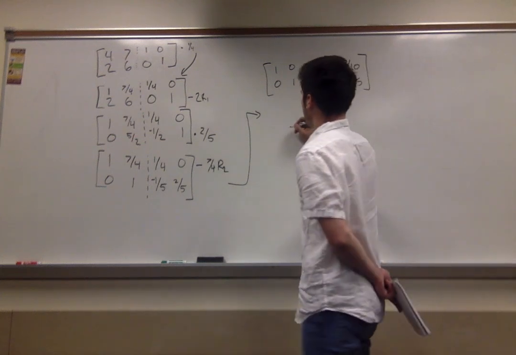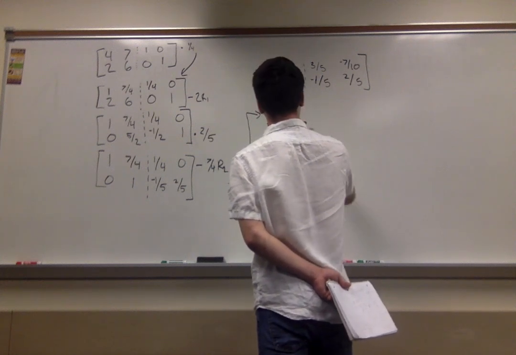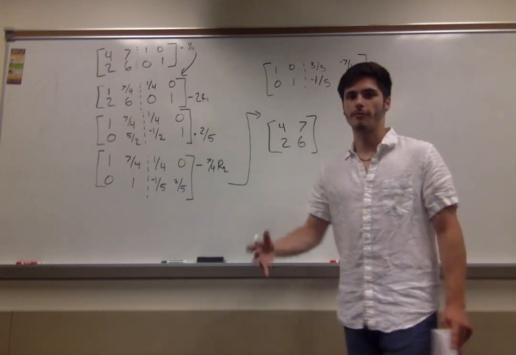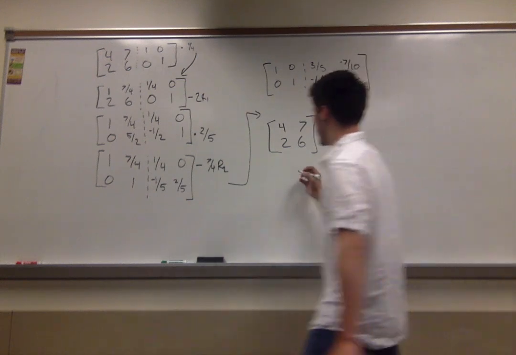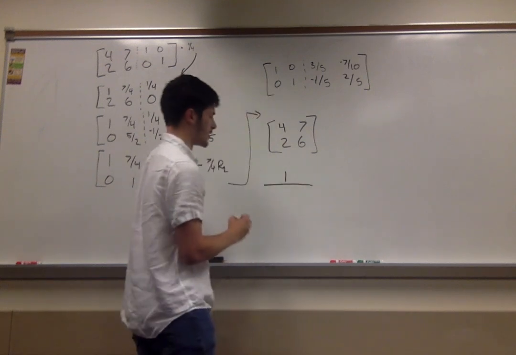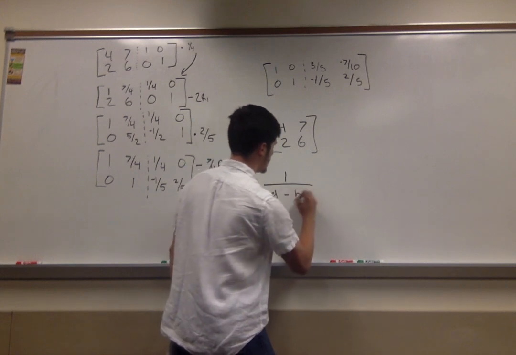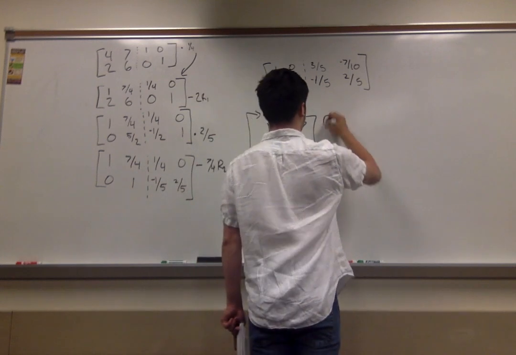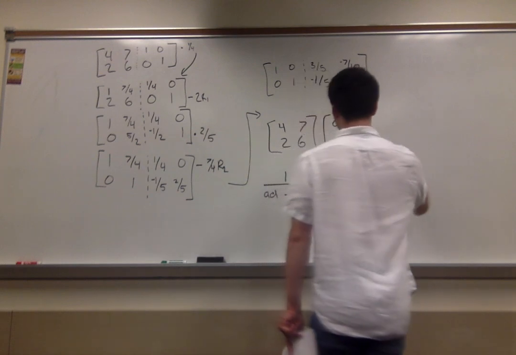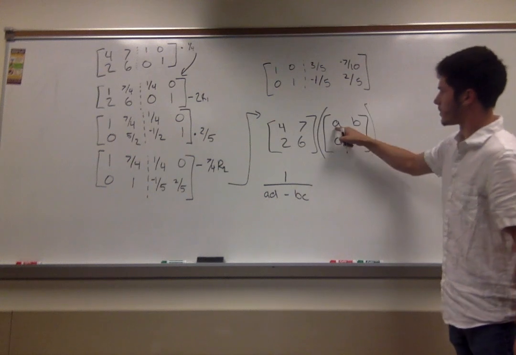So we'll take our original matrix again. 4, 7, 2, 6. And the formula, I know y'all love formulas. So the formula for the inverse is going to be 1 over AD minus BC, where this coincides with that.